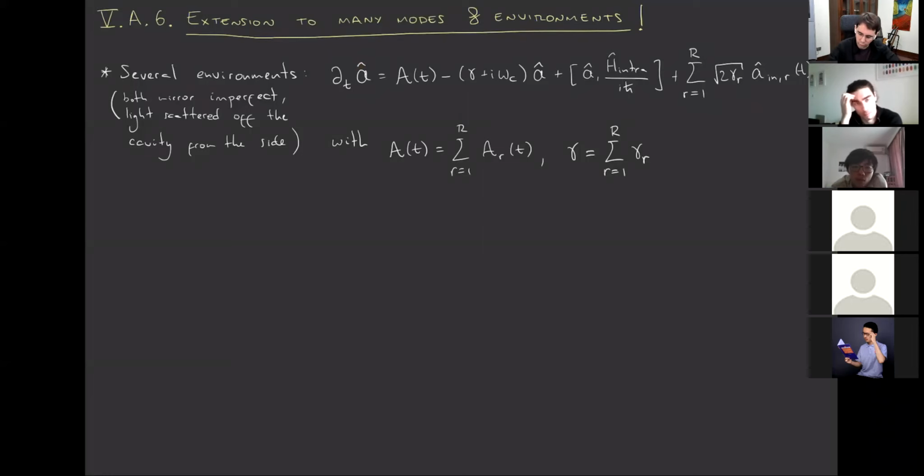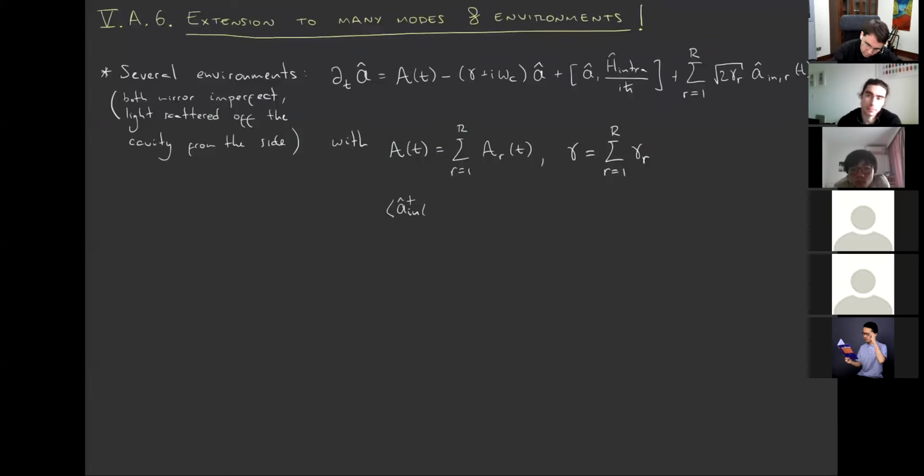And of course, let me maybe give you also the statistical properties of the input operators. As I say, they are independent, so I will only write one of them, for example this one.